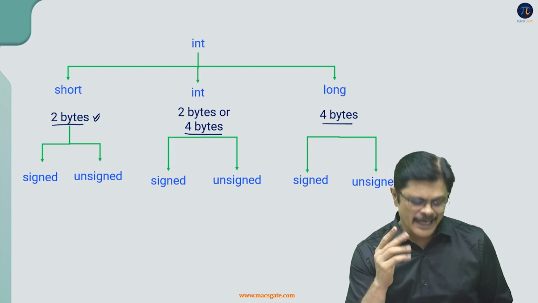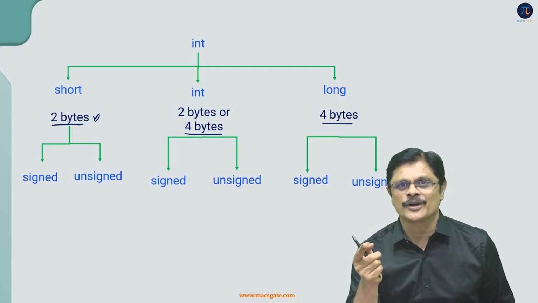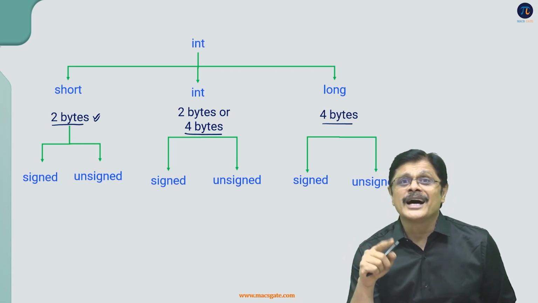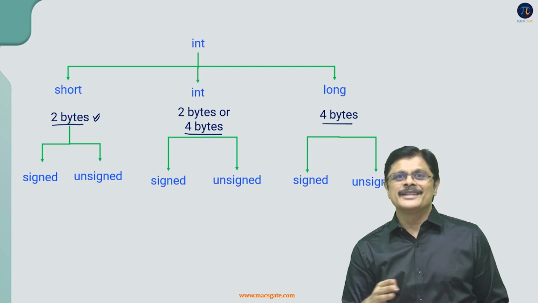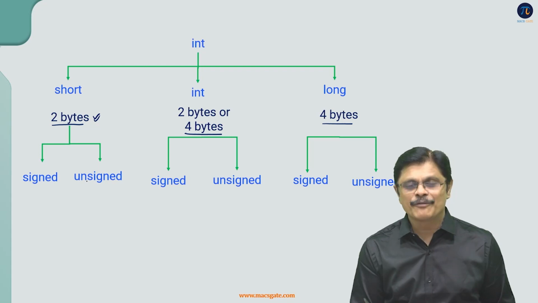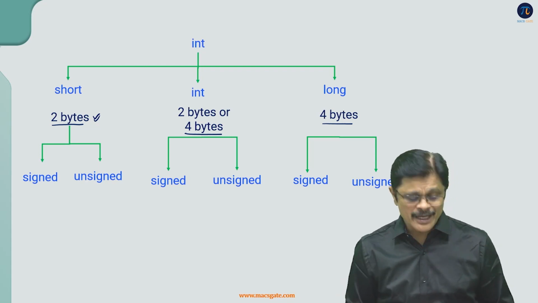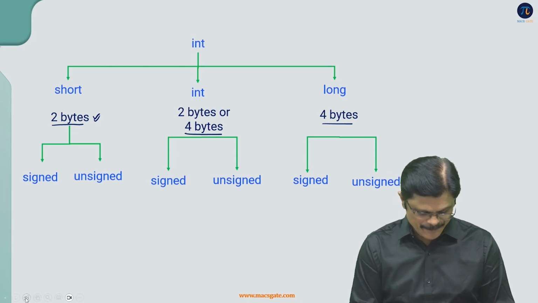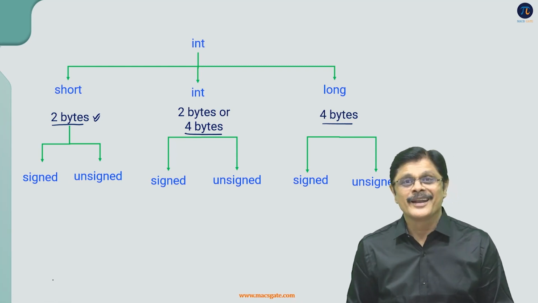That is, we have signed short, unsigned short, signed integer, unsigned integer, signed long, unsigned long. So totally we can have 1, 2, 3, 4, 5, 6 possibilities. And here one very interesting thing we need to understand is the terminology. Let us understand.